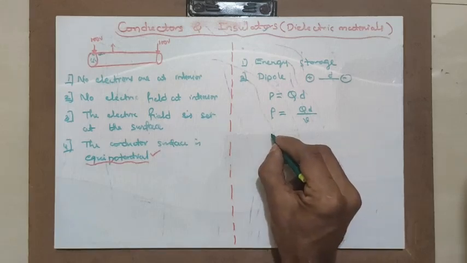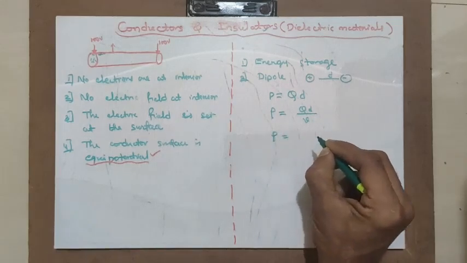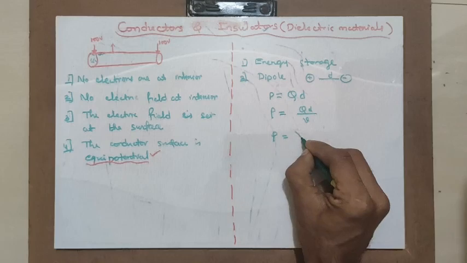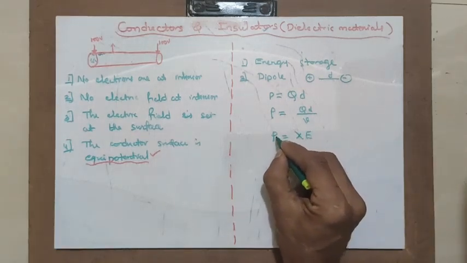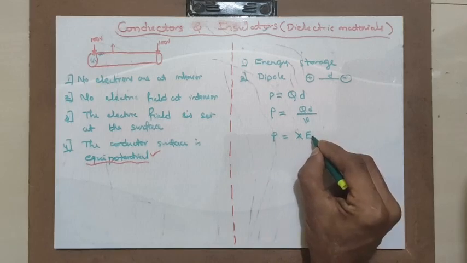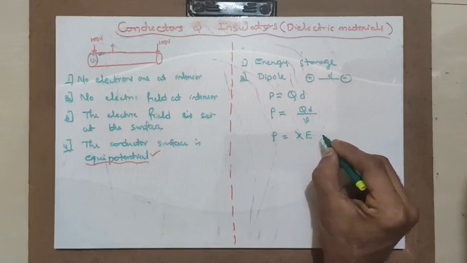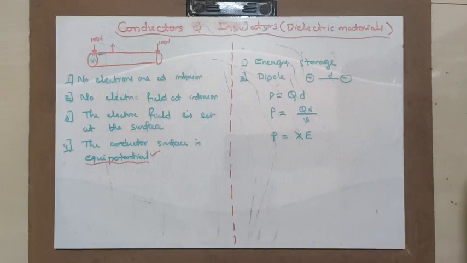Now, polarization is related with electric field, that is given by susceptibility multiplied by electric field. Polarization depends upon the electric field which you are applying. That means suppose there is an insulator present here.